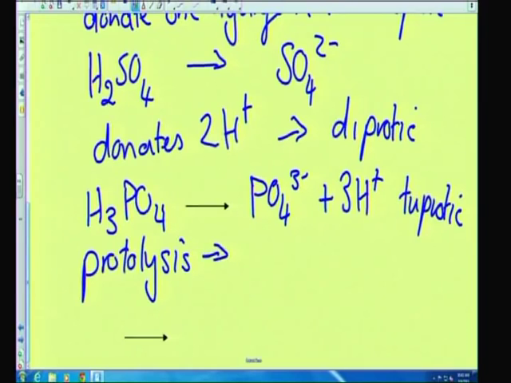Okay, so I hope you've got that terminology clearly wrapped up in your head, and you're understanding that and making sure. There's one other little word that I want to talk about, and that is for all of these reactions involving the donation of hydrogen ions or protons, we sometimes call it protolysis. Protolysis means a donation of H plus ions, hydrogen ions.